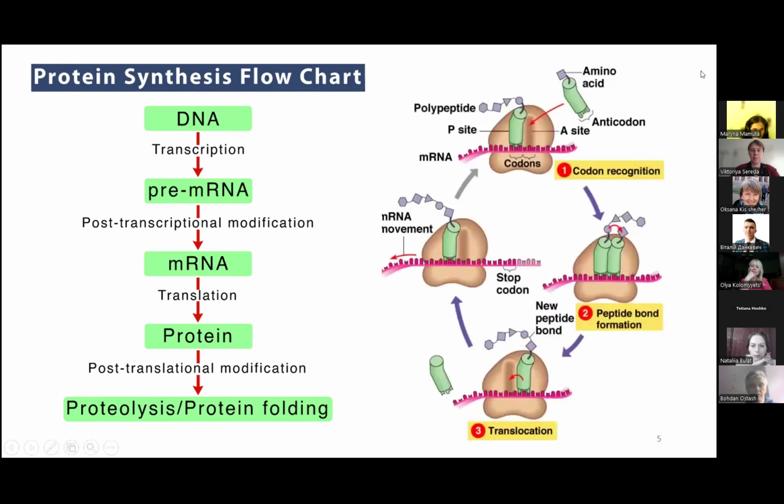So if we go deeper into protein synthesis, you can see here this brown object is a ribosome, so it's a protein synthesis factory. And this protein factory needs a recipe. This is our messenger RNA, but it also needs logistics. So to make something, you need components. Like if you need to build a house, you need bricks.